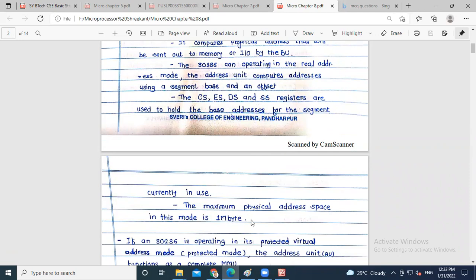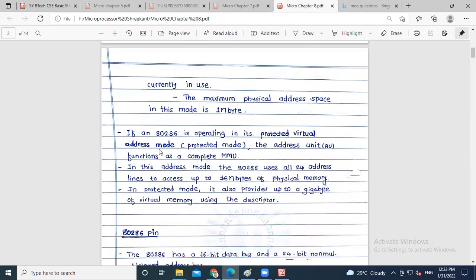For that, the maximum physical address space in this mode of 80286 is 1 megabyte, not 1 byte. It is 1 megabyte, meaning 1 into 10 raised to 3 bytes. So in the protected virtual address mode, the address unit functions as a complete memory functional unit.